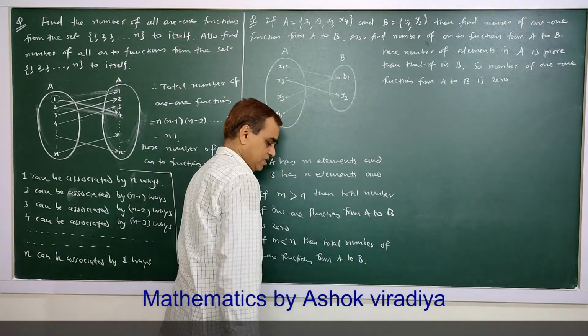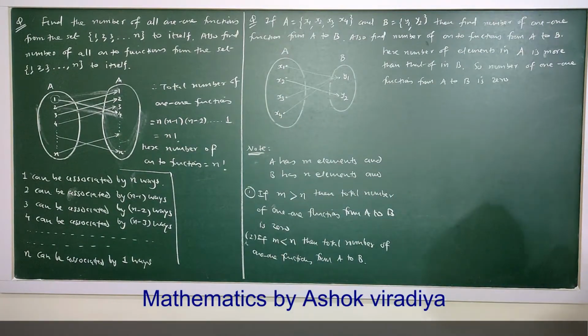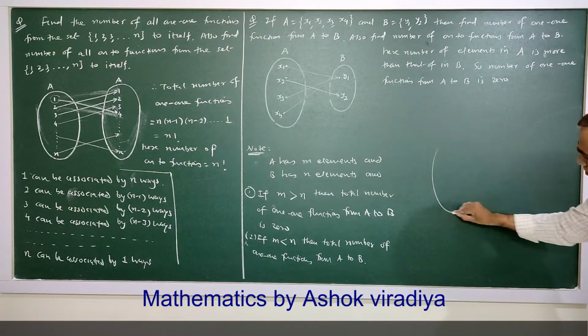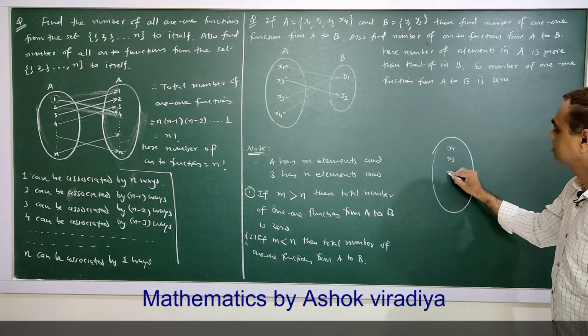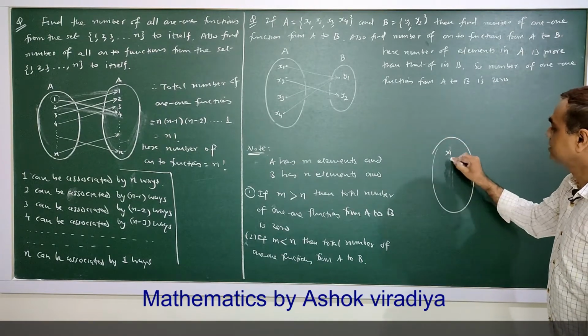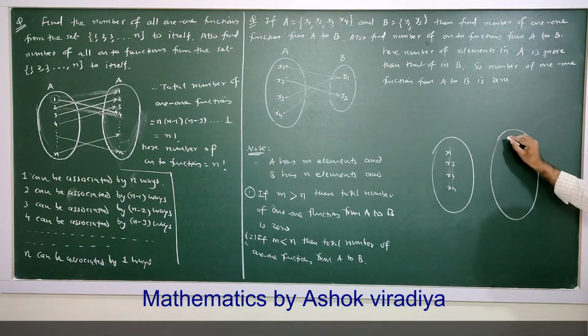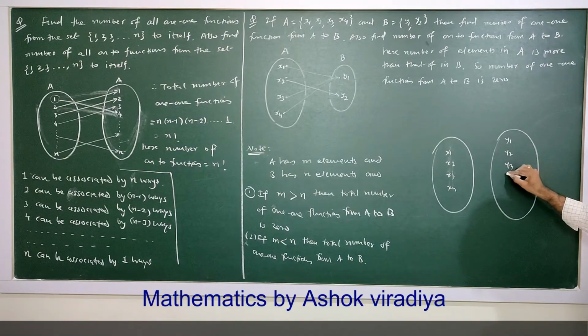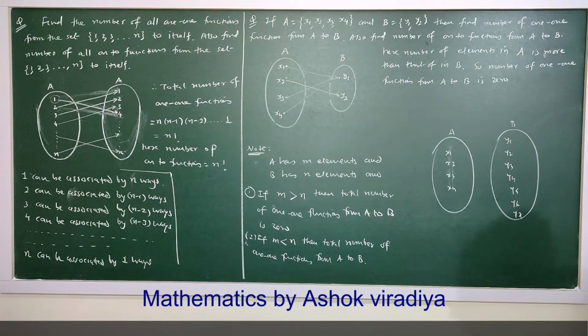See, explaining here by one example. Suppose here I am taking x1, x2, x3, x4, 4 elements. Here I am taking y1, y2, y3, y4, y5, y6, y7 elements. Defining a function from A to B. A has fewer elements.